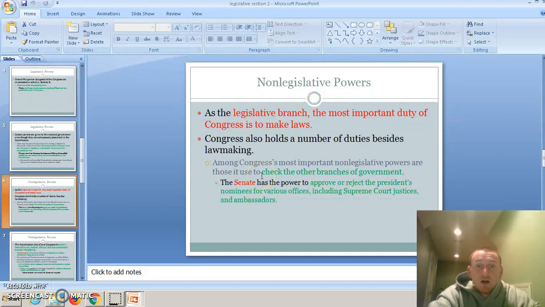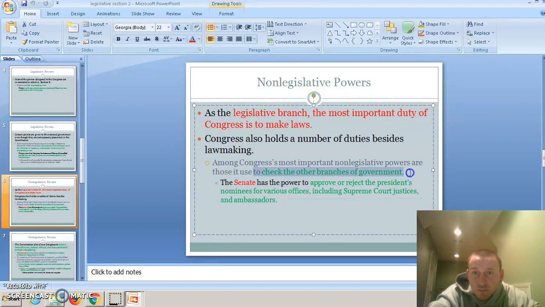Okay? Congress also has another job to do. They get to check the other branches of government. If you don't know, this week we're going over it. The legislative branch, executive branch, judicial branch. Okay? The Senate has the power to approve or reject the president's nominees for offices. For an example, Supreme Court justices, that's your judicial branch. So say somebody in the judicial branch dies or resigns, the president's going to nominate them.